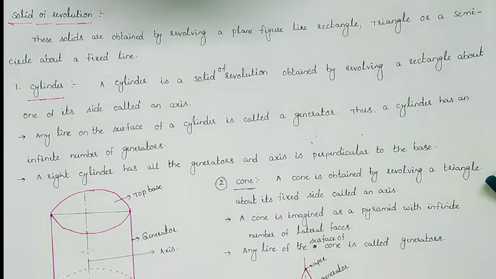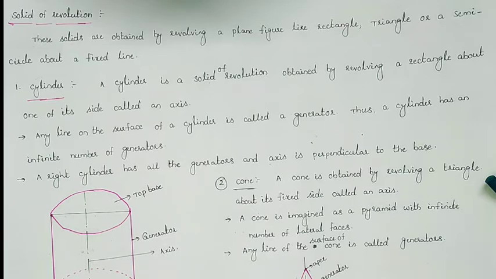Solids of revolution are the solids obtained by revolving a plane figure like a rectangle, a triangle or a semicircle about a fixed line, and the surface generated is called a solid of revolution. Examples for solids of revolution are the cylinder, cone and also sphere.